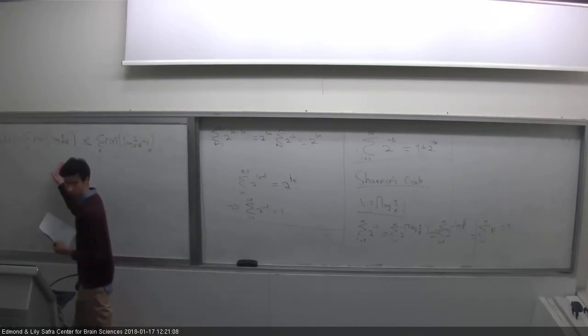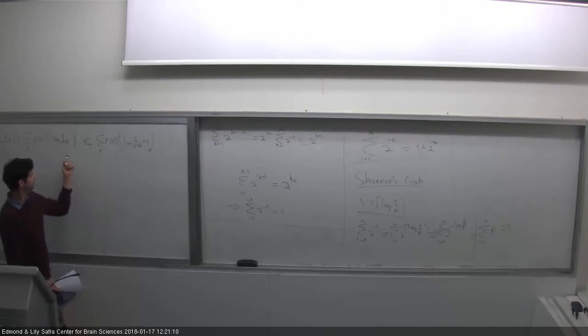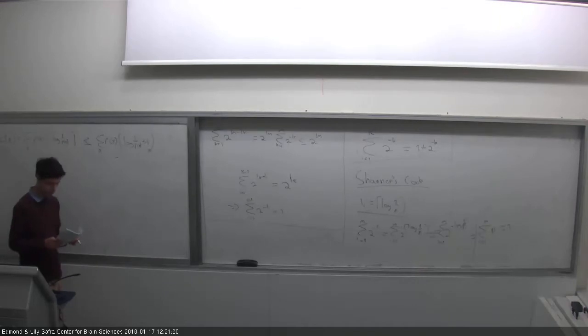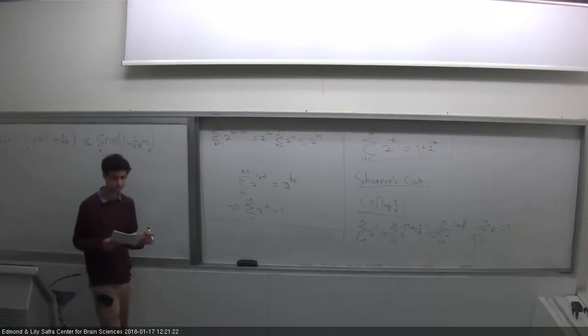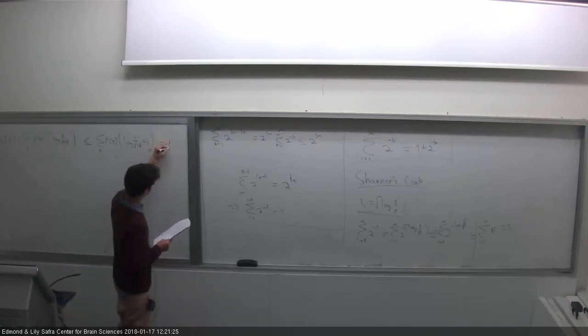Of course, we just round it up to the nearest integer, so if we add 1, we get something that is bigger, or equal. And this is equal to the entropy plus 1.